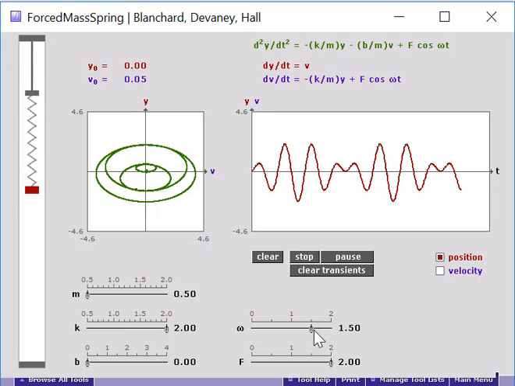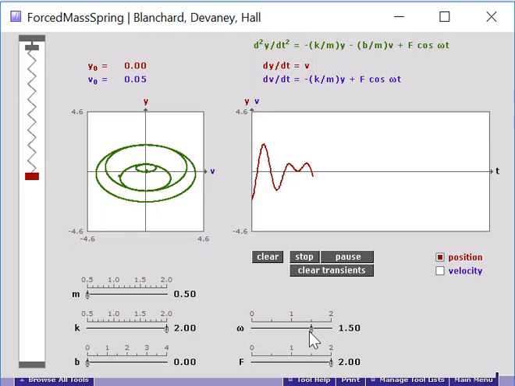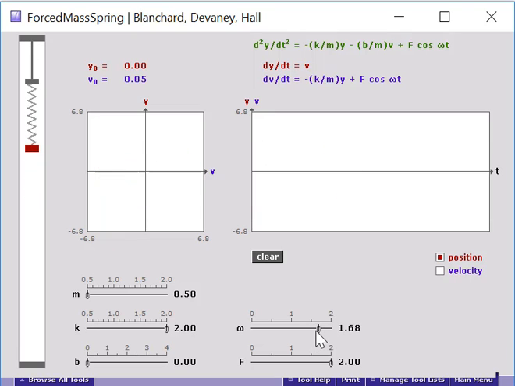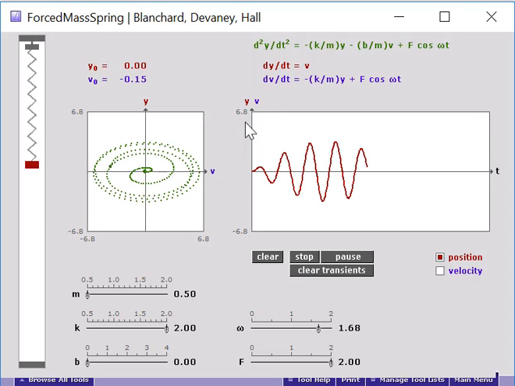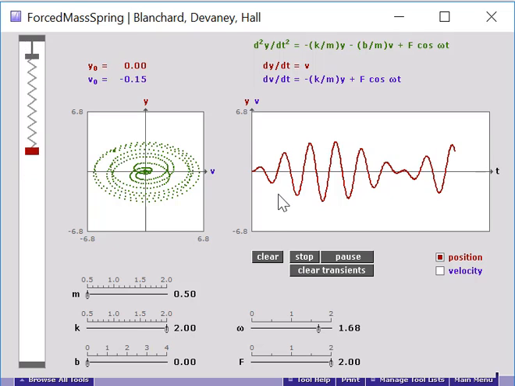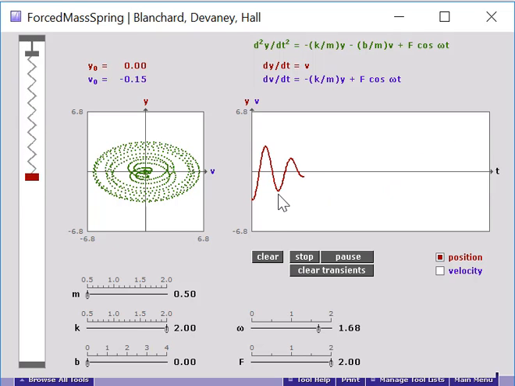If we keep increasing that towards 2 and start this, we should see, and again the graph is adjusted here, you'll notice the amplitude, but it takes longer.